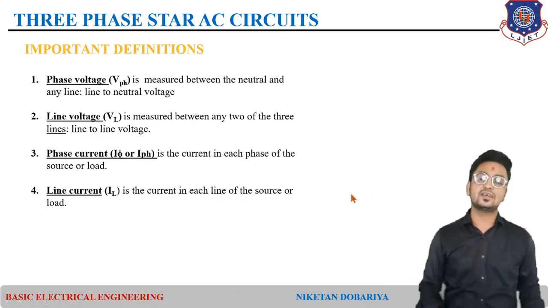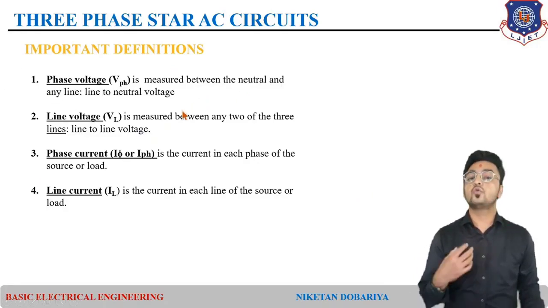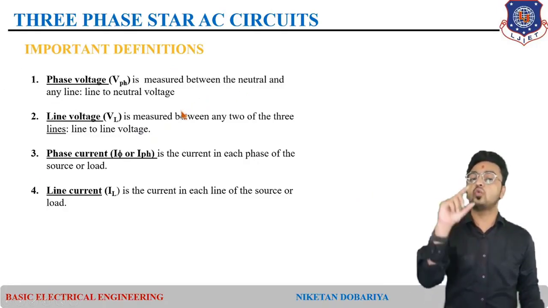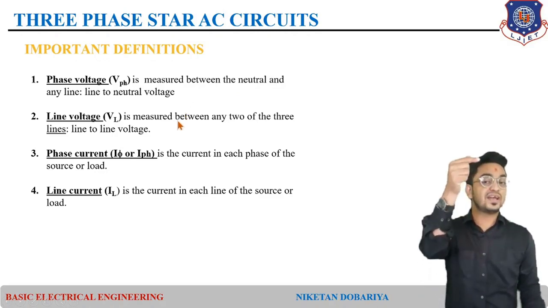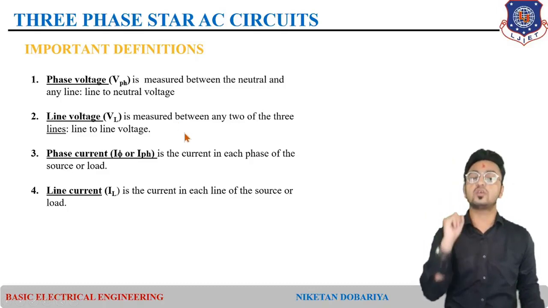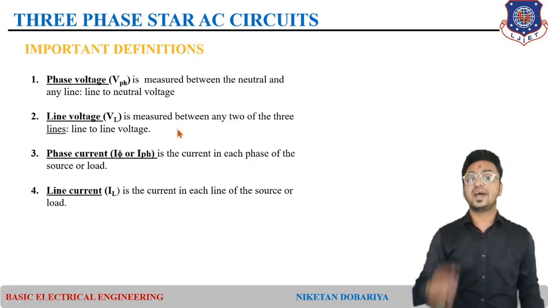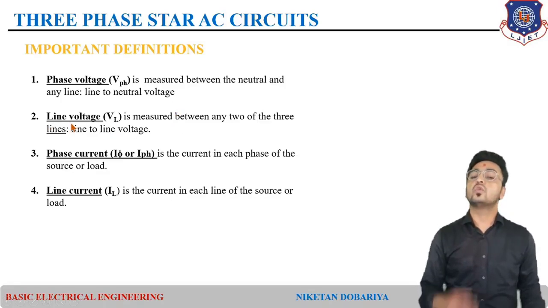So let's again discuss these parameters. First one is the phase voltage. What is the phase voltage? As mentioned, if you measure the voltage across one phase winding, one winding, one terminal will be the line and one terminal will be neutral. That can be considered as one phase voltage. Same, what is line voltage?